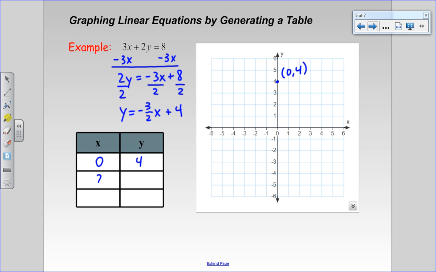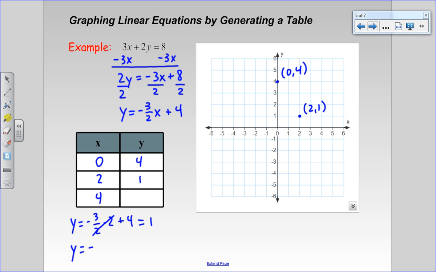So let's let x equal 2, and we have y equals negative 3 over 2 times 2 plus 4. Canceling the 2's, we have negative 3 plus 4, or 1. So the ordered pair 2, 1 is a solution of the equation, and we can plot that point on our graph. And finally, for a third point, let's let x equal 4.